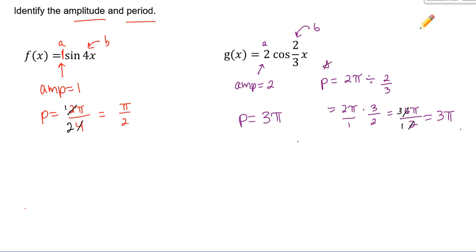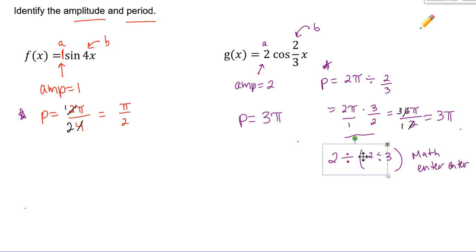So this part right here, finding the period, takes a little bit of calculation, and you do have to deal with fractions. But if you enter it correctly in the calculator and leave the pi out, you could have just gone in your calculator 2 divided by parentheses 2 divided by 3. And then, of course, math enter, enter, just in case it's another fraction.